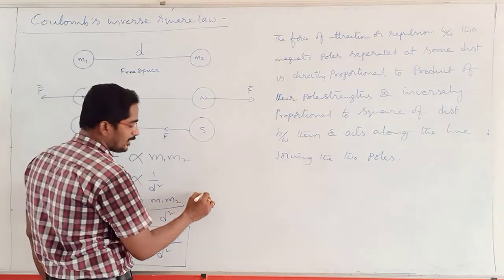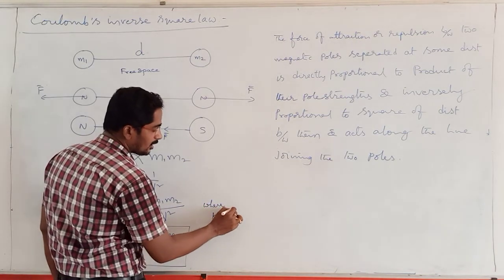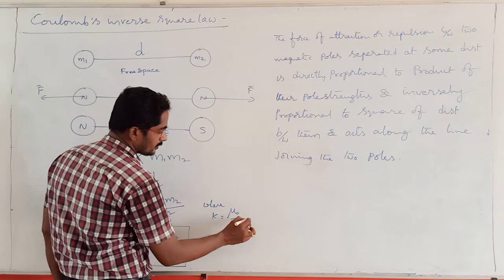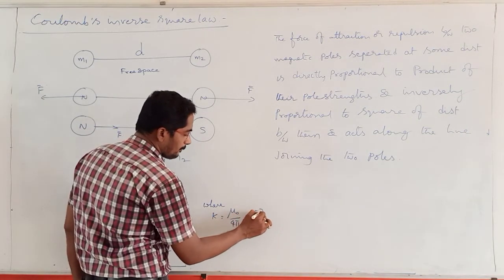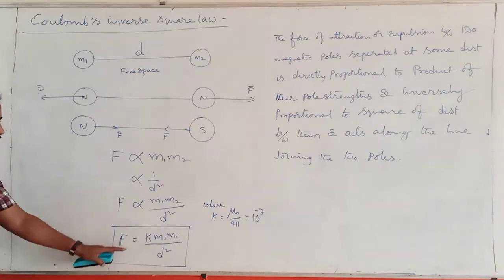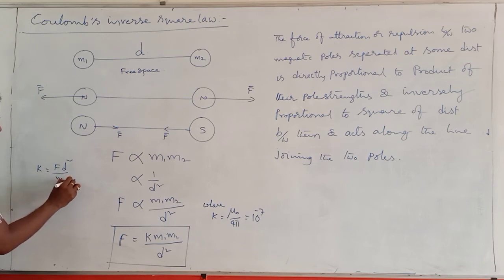But what is the k value here? Mu naught by 4 pi, and its value is 10 to the power of minus 7. What is the unit for that k? From the formula, k equals F d square by m1 m2. The unit of F is newton, d square is meter square, divided by pole strength, ampere meter into ampere meter, so ampere square meter square.